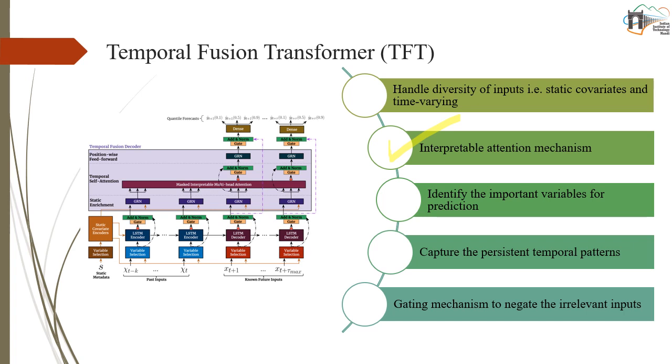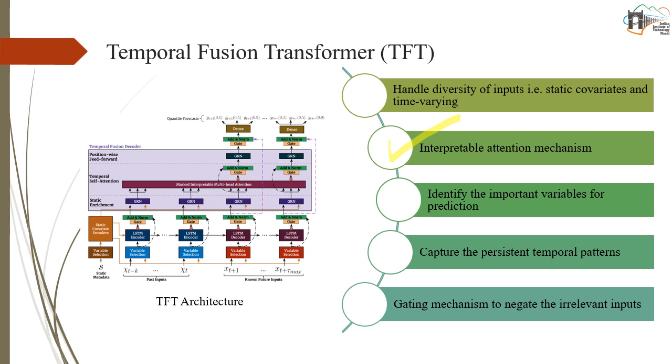This interpretability is valuable as it provides transparency and helps users understand the underlying factors driving the predictions. By examining the attention patterns, users can gain insights into the temporal dynamics and the relationships between different variables. So, it is one of the selling points of our TFT mechanism.